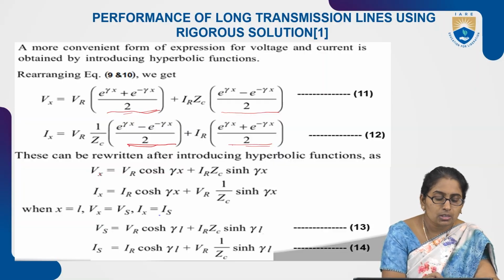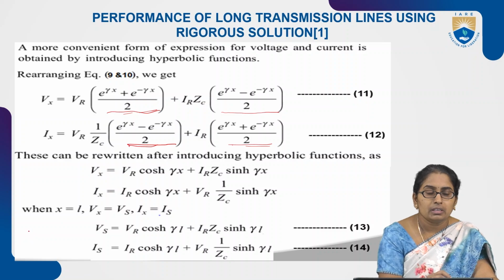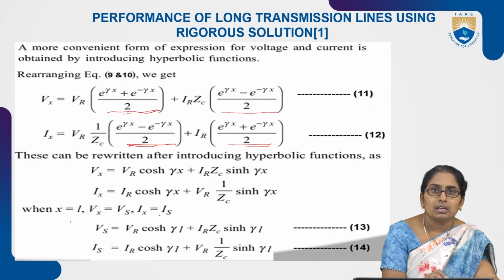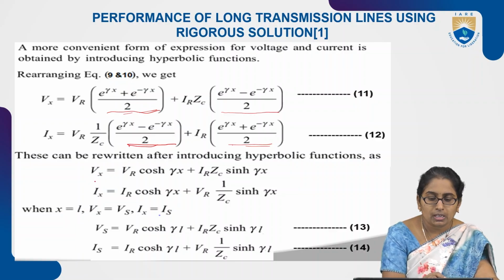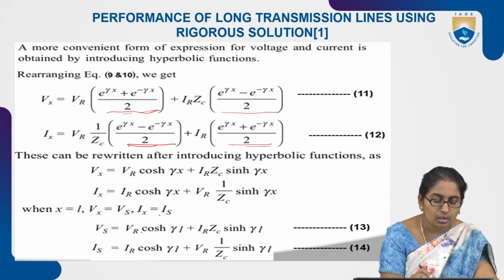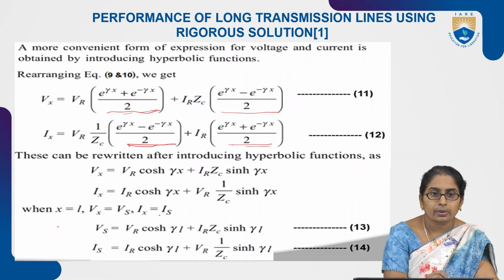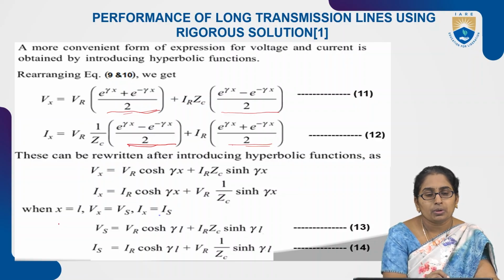Now see how it is finally simplified. When x is equal to L, when the distance x meters is equal to the total length of the line, then Vx becomes Vs and Ix becomes Is. Here x is taken from the reference point, the receiving end, to the other end, the total length.